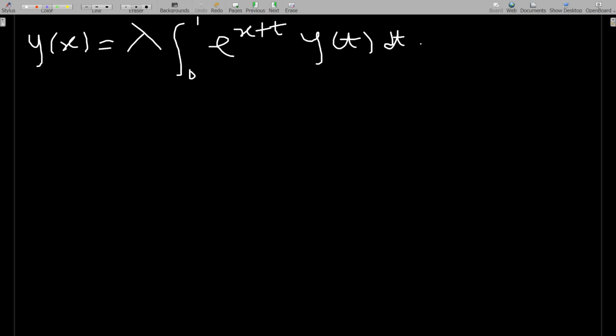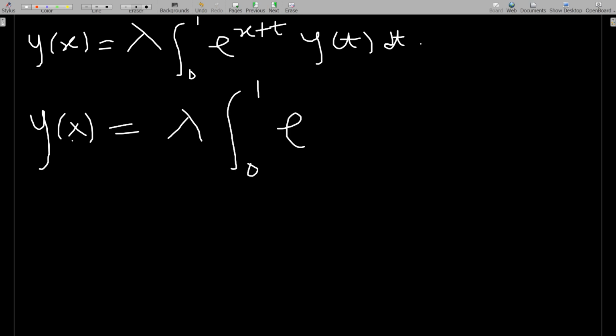To solve this, first of all, use the exact method for solving a Fredholm's integral equation with a separable kernel. You separate your kernel into a product of a function of x and a function of t. So I have e to the x times e to the t, then y of t dt.